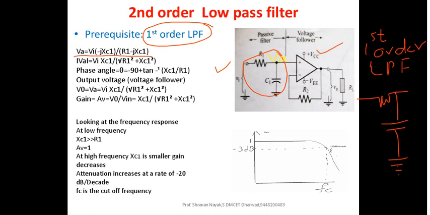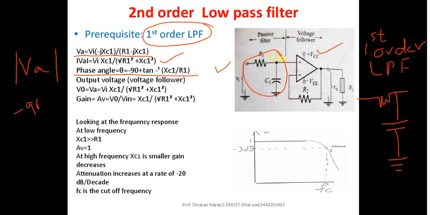If you take only the magnitude part of VA, we have Vi into XC1 divided by the square root of R1 square plus XC1 square. And the phase angle theta is, because of the capacitor, 90 plus tan inverse of XC1 divided by R1, right?